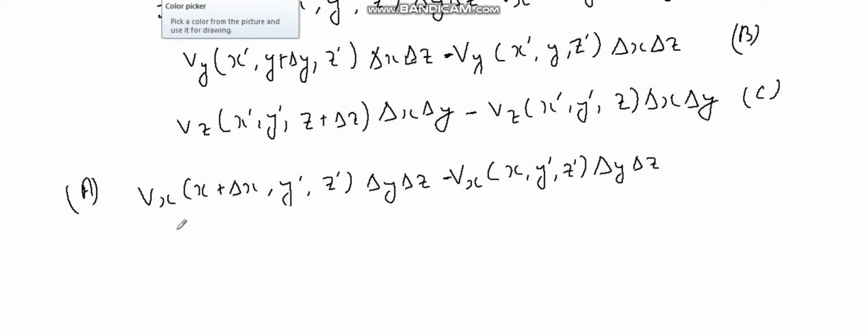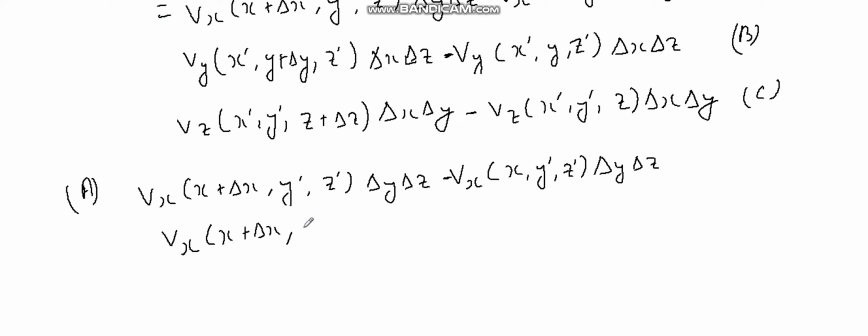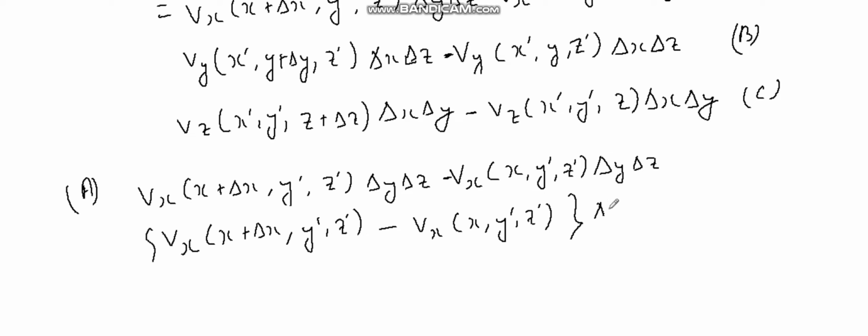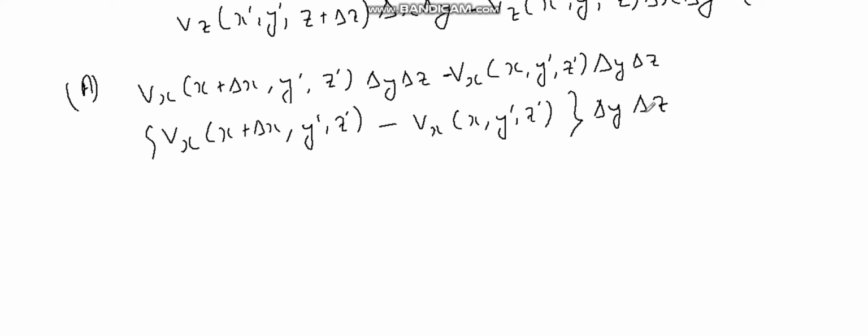First of all, we can write Vx(x plus delta x, y, z) x cap minus Vx(x, y, z) x cap, and we can factor out this dy and dz as common. Now we can divide by delta x and multiply by delta x.